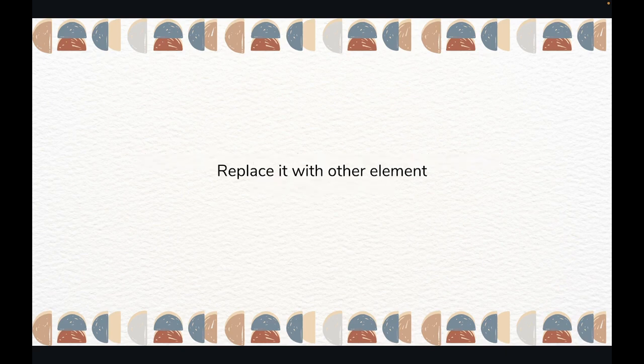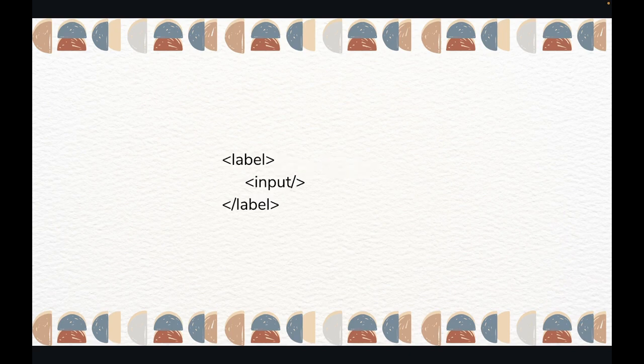So the way is we have to replace it with another element, and how we are going to do it is using a label. There is a common pattern. If you have worked on the web for a while, then you have likely come across this pattern, which is if we wrap a label around an input element, we can do something like this.